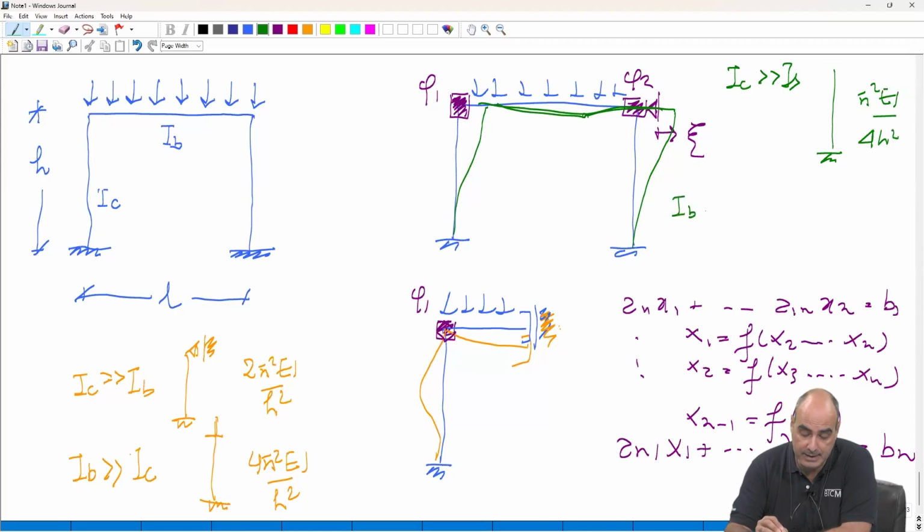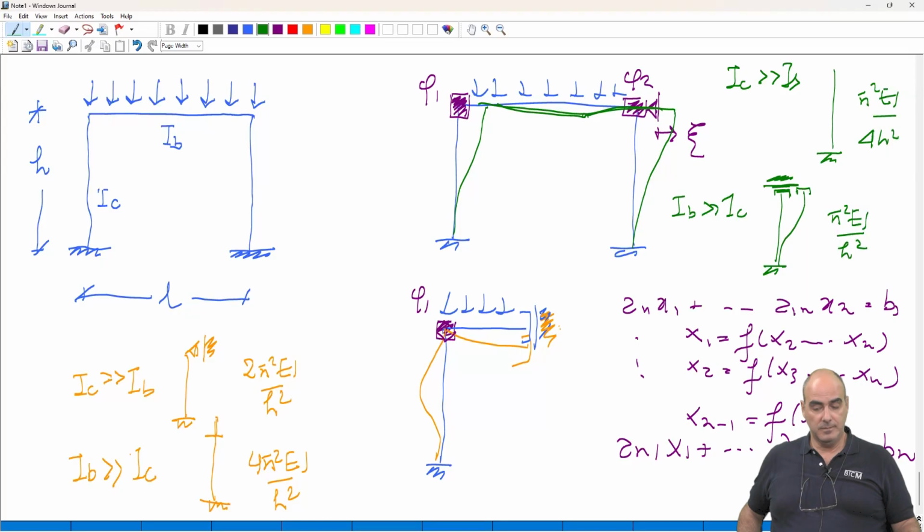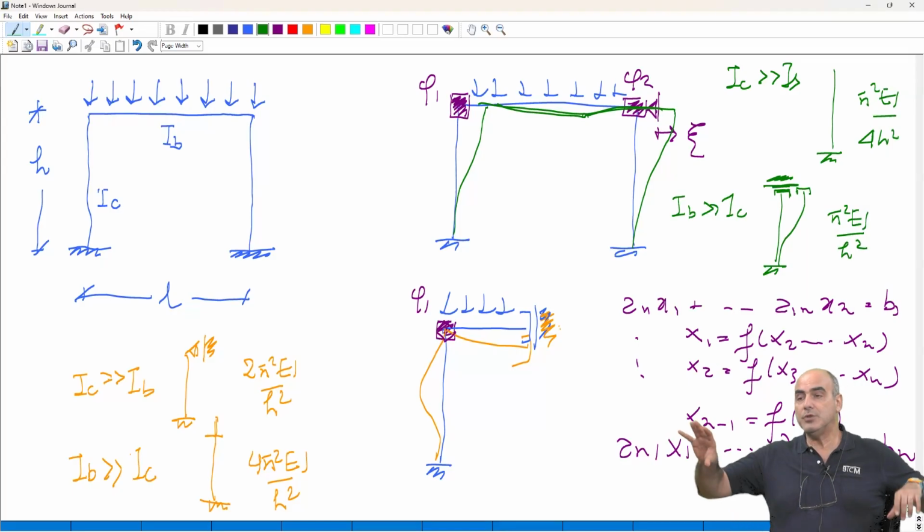On the other hand, if the beam is much stiffer than the column, what will happen is that you will see your column doing something like this. And in this case, you can easily demonstrate that the critical load is pi square EJ over h square. So we also have a range here.